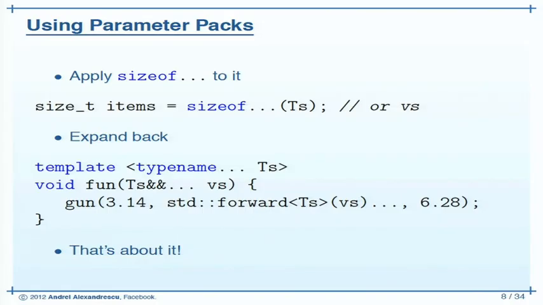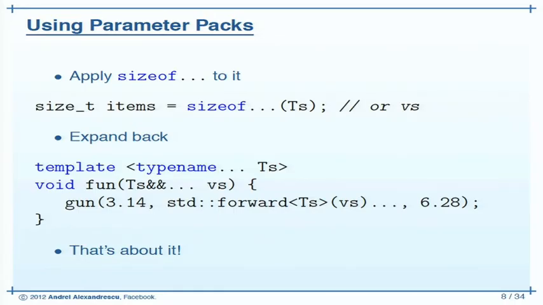And look at this example here. So we have a function that's parameterized on T's, a list of types, and it says, well, I'm going to take T's double ampersand, which is our value reference, and it's going to take a list of values. Now, here's what's going to happen. Inside this func, it's going to forward to another function.